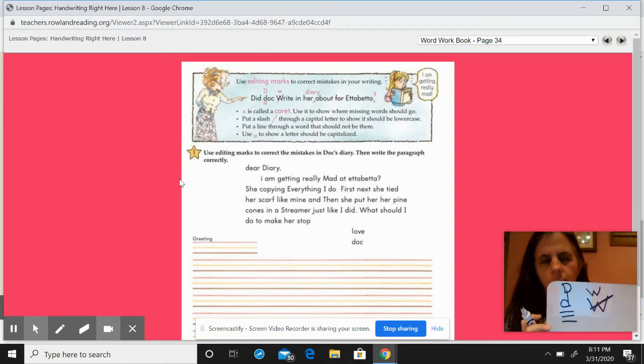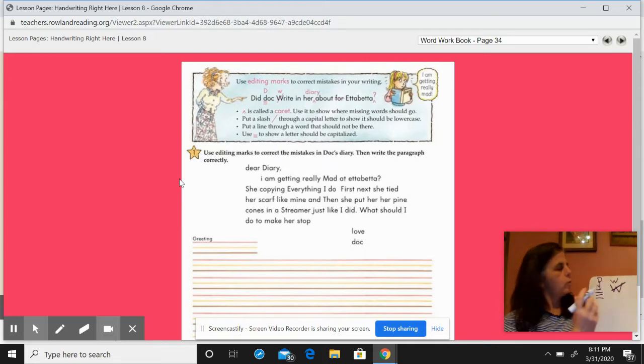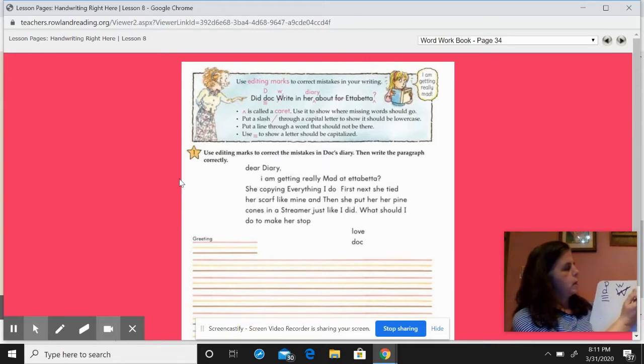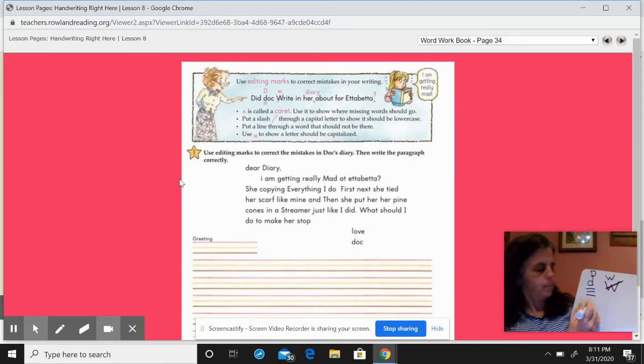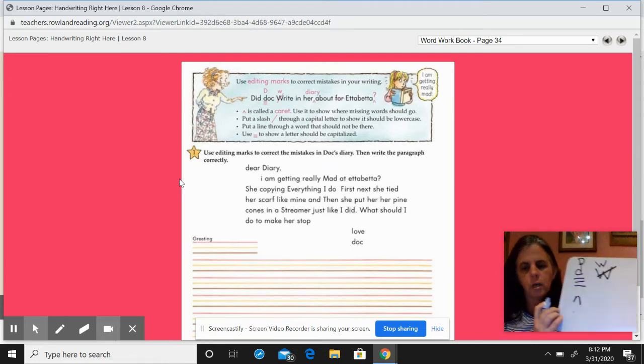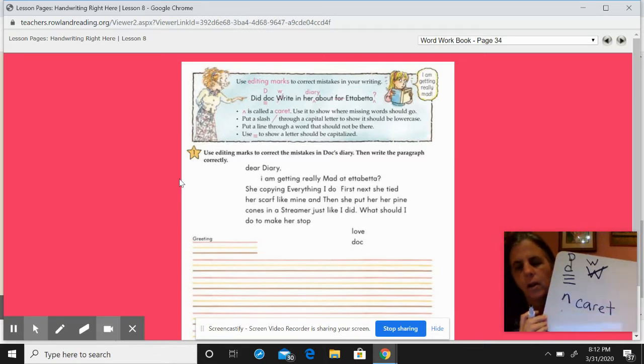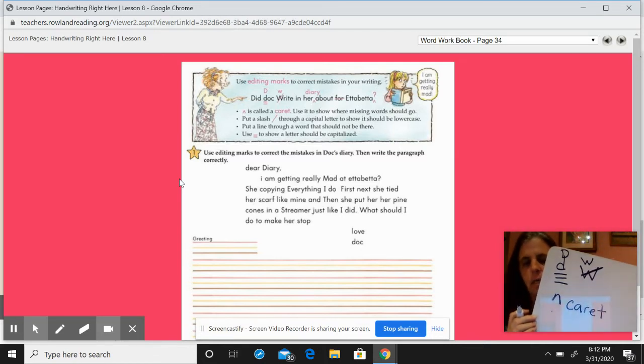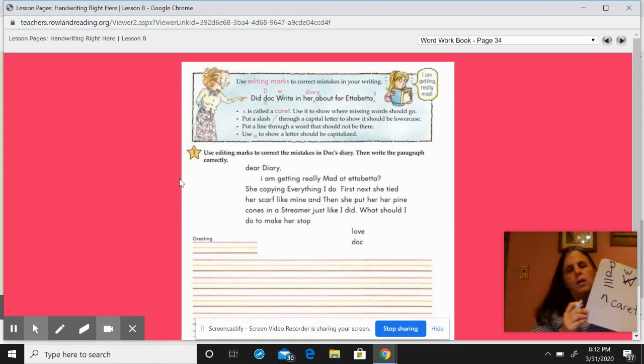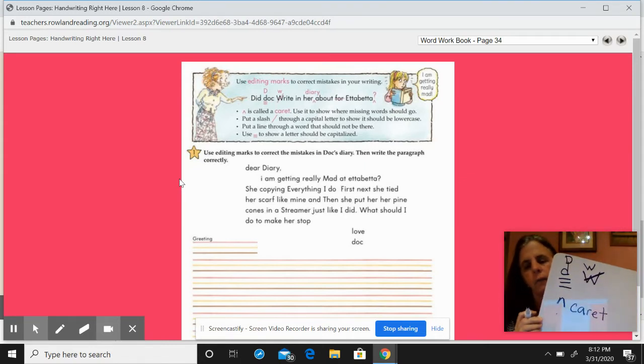Did Doc write in her, it doesn't even say diary, it says in her about. So let's look here. This mark here, I'm going to put it down here. This is actually called a caret. C-A-R-E-T. Now, it's not the carrot that our Easter bunnies love to eat, but this caret shows us that we forgot to write the word.